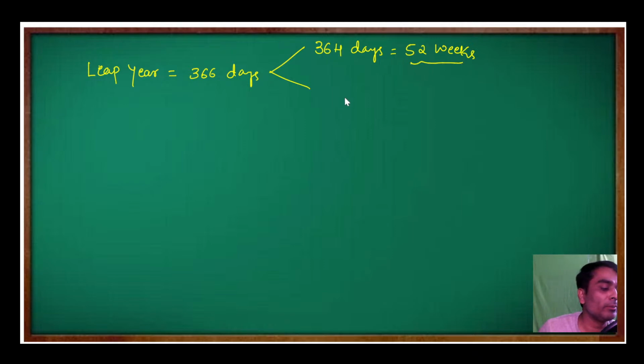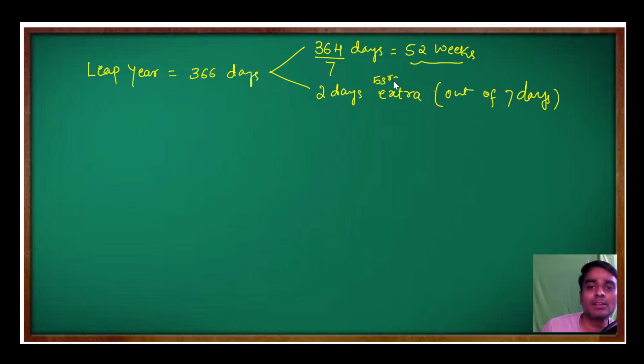Now remaining 2 days extra. These 2 days extra out of how many? Out of 7 days, because this is the 53rd week. You can just assume it as the 53rd week. So in 1 week 7 days will be there. 2 days out of 7. That means 2 by 7.